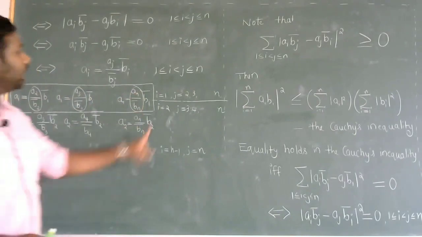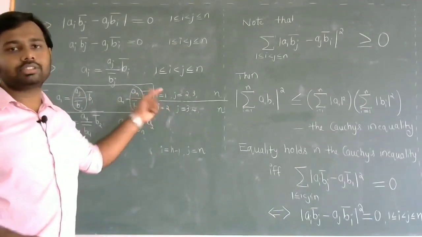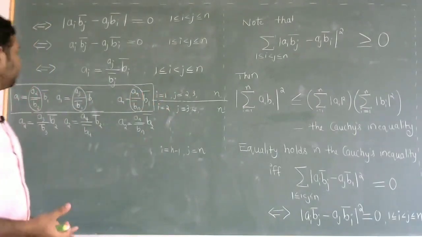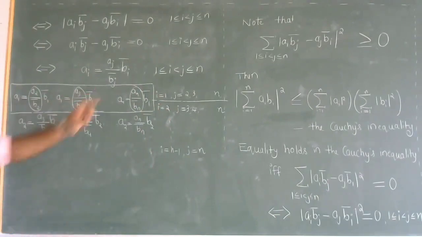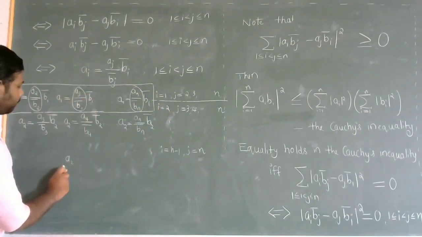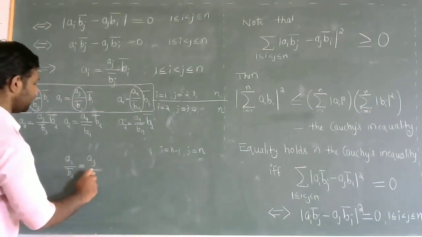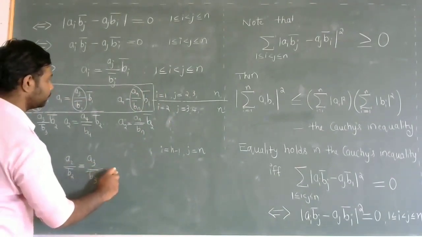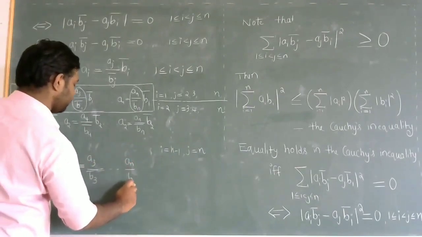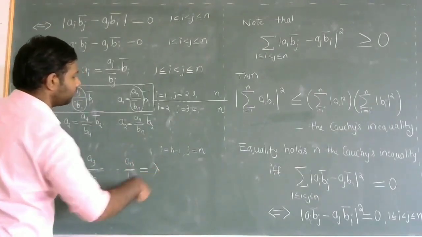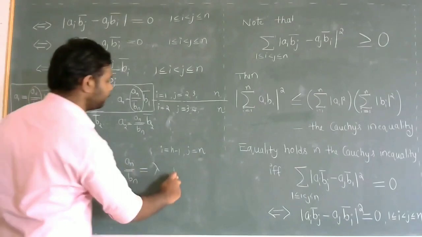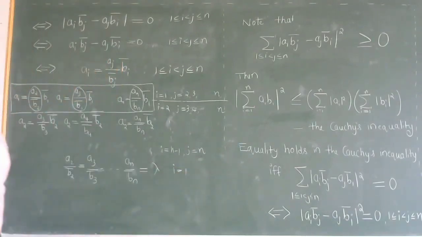All have to be equal for i equal to 1, so it will be a constant value. All these will be equal to some lambda. So this is for i equal to 1.